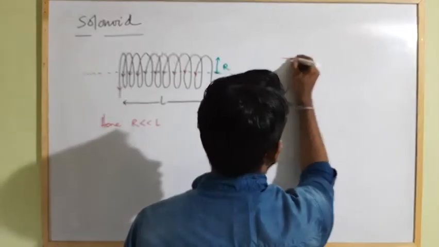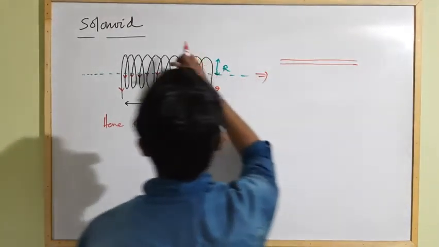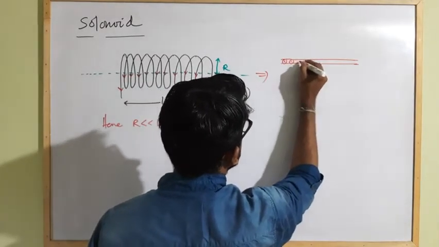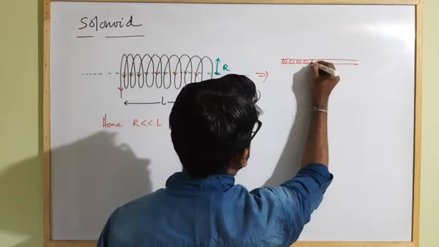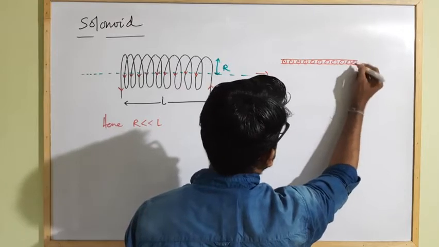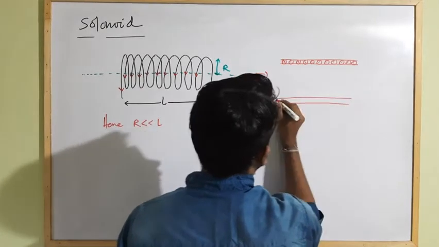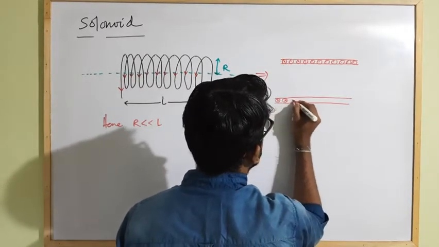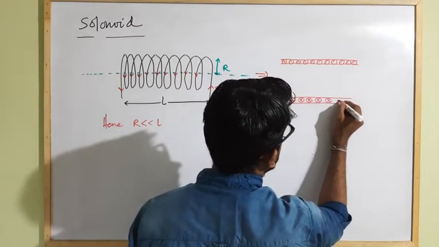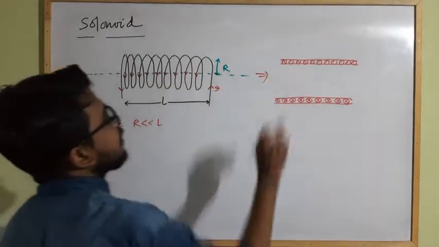So if I cut it longitudinally, at all the points of the coil on the top of the solenoid, the current comes outward. So we can represent it like this. And at the bottom all the coils have current going inward. This is the longitudinal cross section of the solenoid.